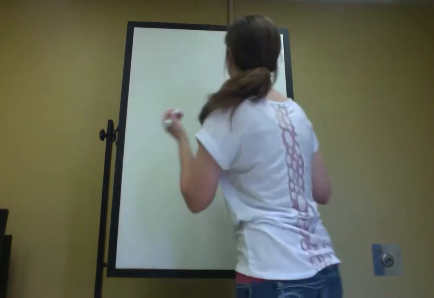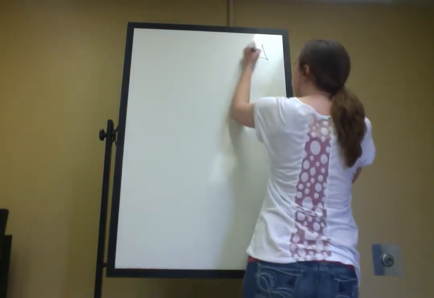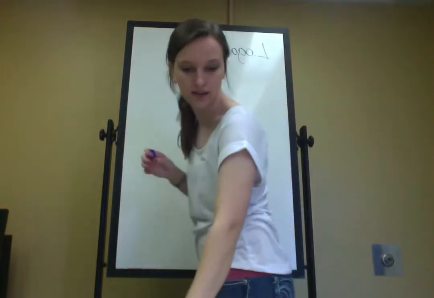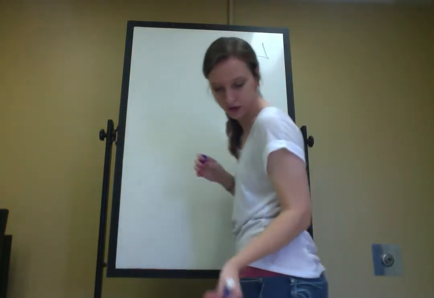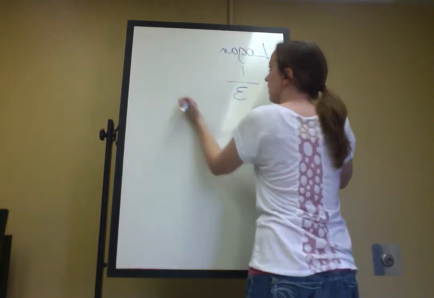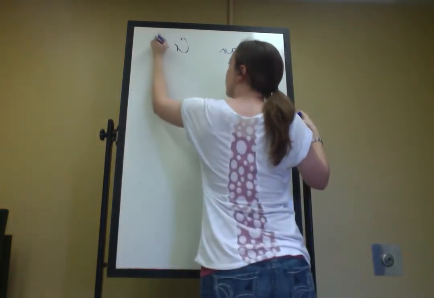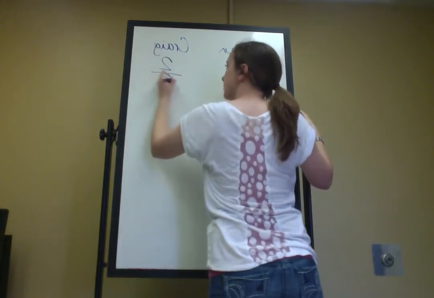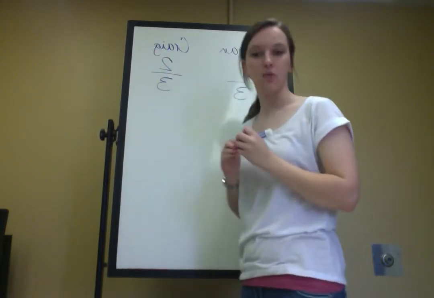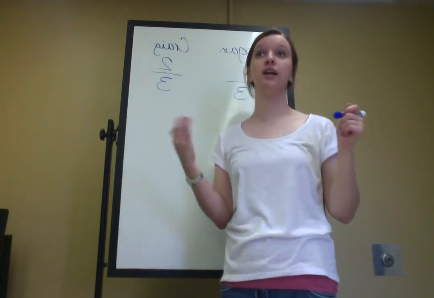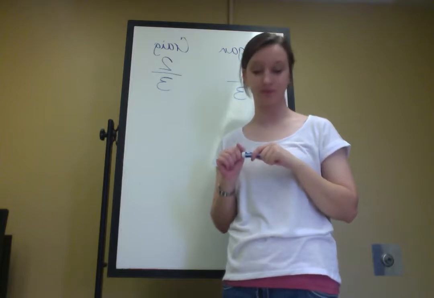Okay, so we have Logan, and he ate 1/3. And we have Craig, and he ate 2/3. Okay? And we're trying to determine which one is larger because we're trying to see who ate more, right?